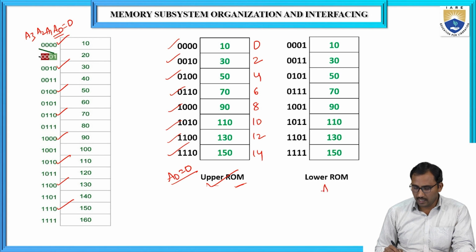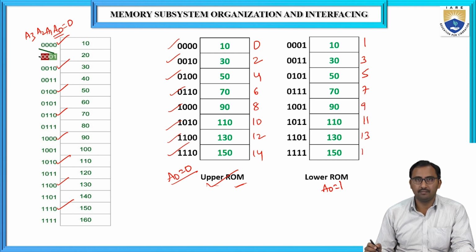Similarly, when A0 is equal to 1, the lower ROM contains the memory locations 1, 3, 5, 7, 9, 11, 13, 15.